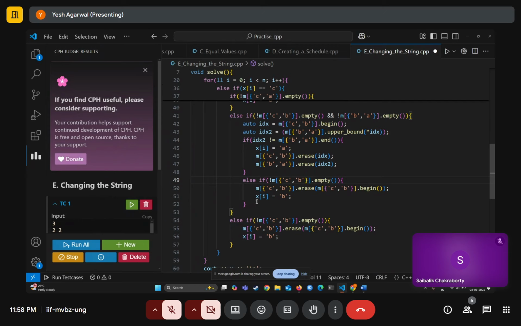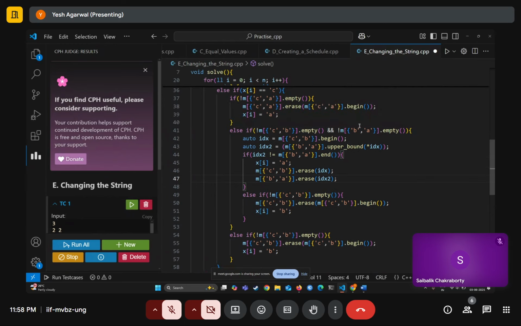But there is an else if also, because remember that we still need to convert C to B if we are unable to convert it. This is actually the part where I got the wrong answer. Basically, I had added C to A, C to B here, but I forgot to add it there. Why is this giving an issue?